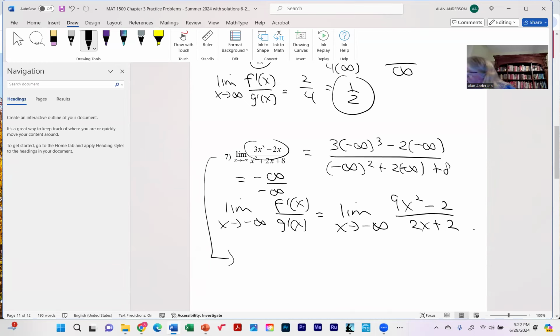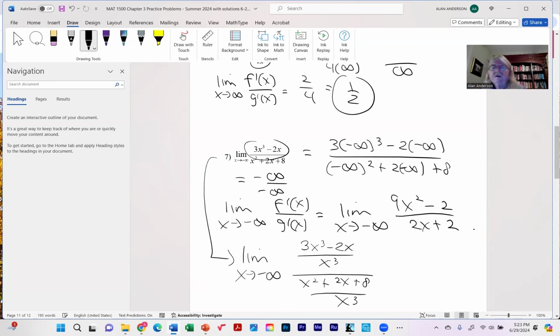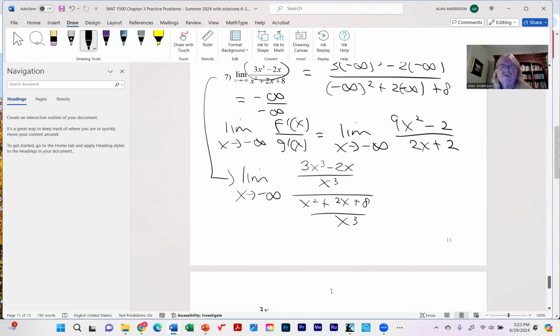Okay, in other words, here's what we're going to do. Since x cubed is the highest power of x, let's do this. And you might say, well, how does this help us? Well, we got our fingers crossed that this will enable us to solve for it directly.